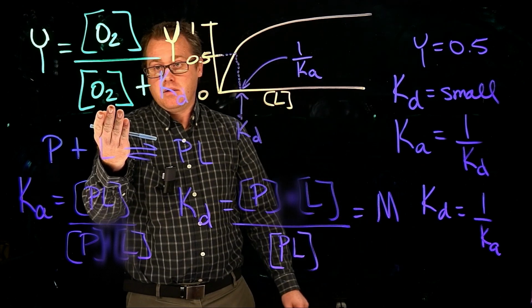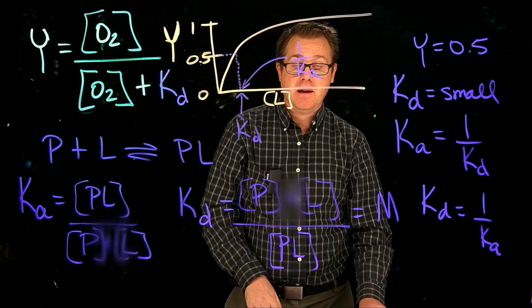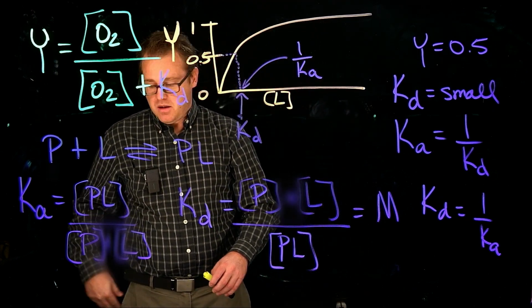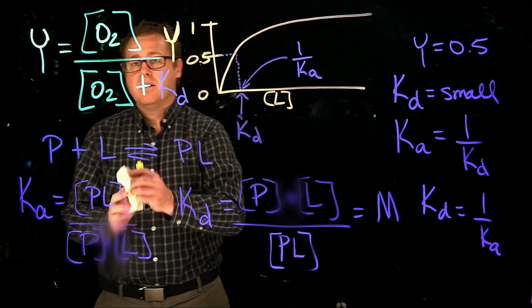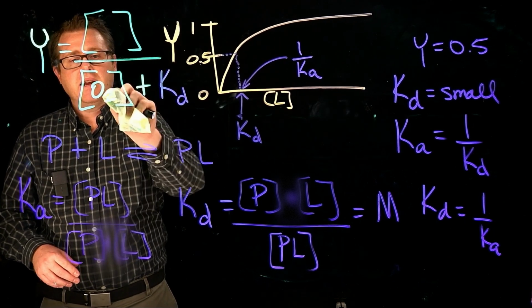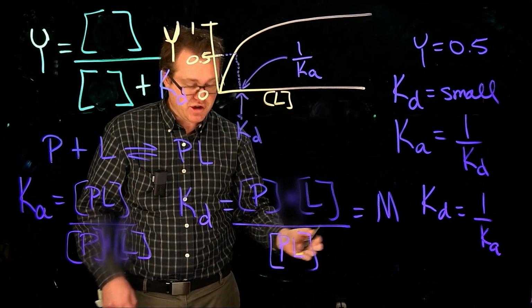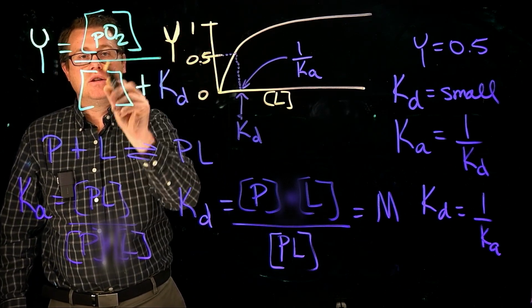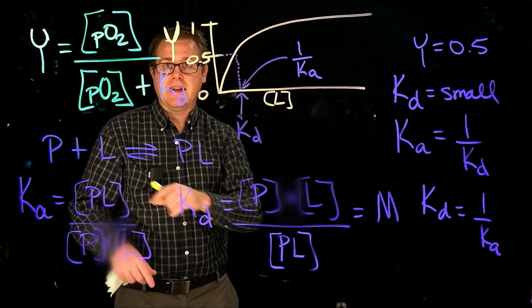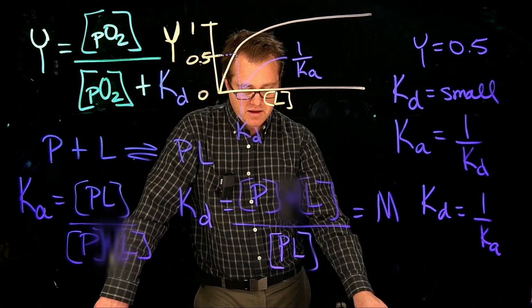Now, measuring the concentration of oxygen in a solution can be rather difficult. And so what we want to do here is, instead of looking at the concentration of oxygen, let's take a look at the partial pressures of oxygen. You can measure partial pressures a whole lot easier because you're looking at the vapor above the solution. So we're looking at the partial pressures here.